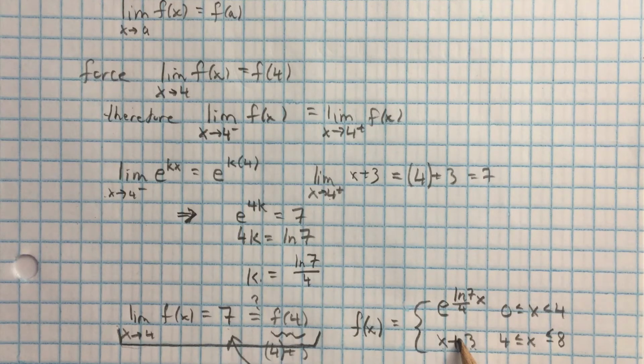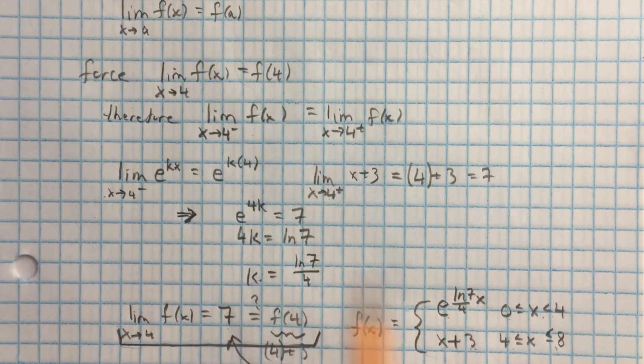And we now know this function is continuous on its whole domain because the exponential function is continuous from 0 to 4 in and of itself, not inclusive, and x plus 3 is continuous from 4 to 8, not inclusive. So now that we've wrapped up the issue of the location 4, forcing it to be continuous by forcing the two one-sided limits to be the same and solving for the k that makes it so, this function is now continuous everywhere.